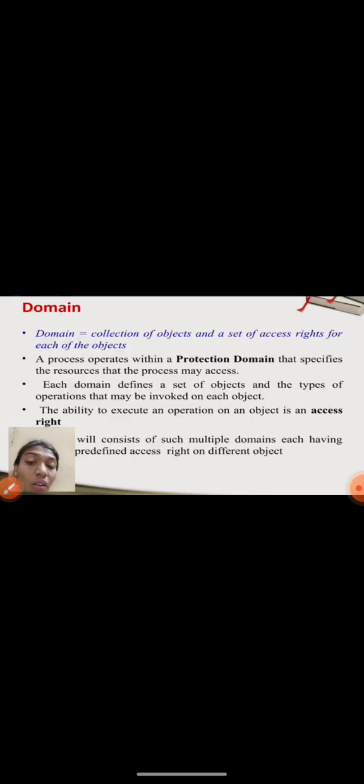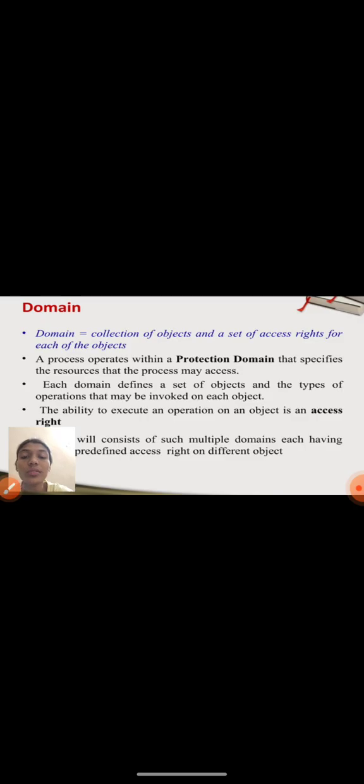Domain equals a collection of objects and a set of access rights for each of the objects. A process operates within a protection domain that specifies the resources that the process may access.